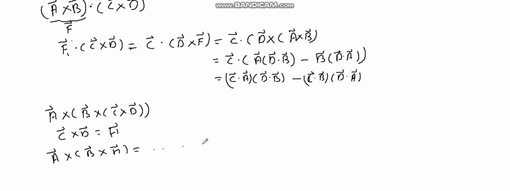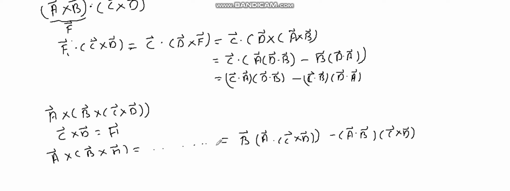In a similar way we expand this, and finally I'm writing only the result. You can do it on your own. So the final result will be B times A dot C cross D minus A dot B times C cross D. So this is the final form that you will get after expanding it in this way.